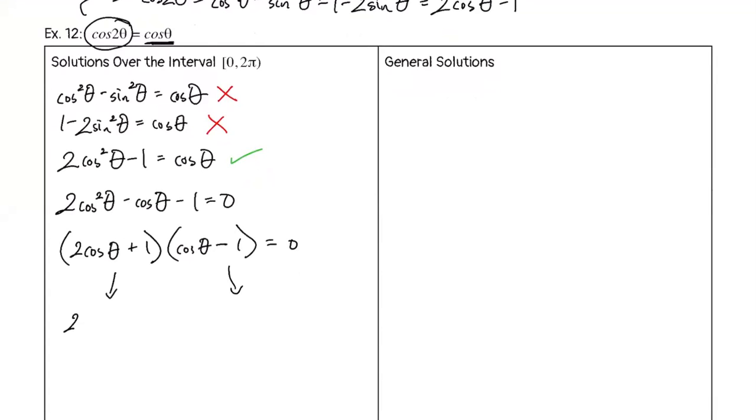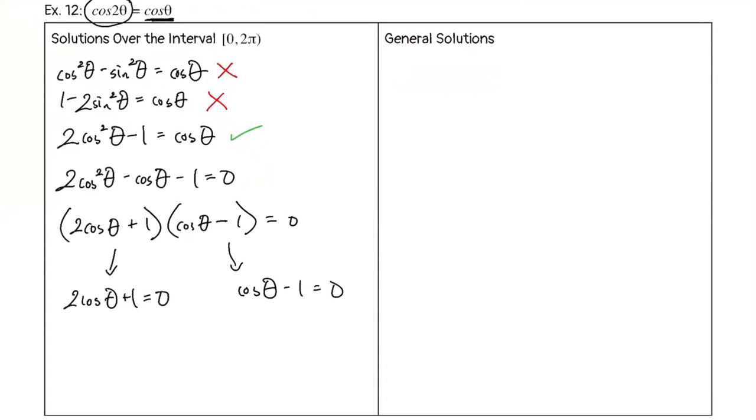So 2 cosine theta plus 1 equals 0, and cosine theta minus 1 equals 0. Cosine theta equals negative 1/2, or cosine theta equals 1. We think about what makes those true: 2 pi over 3, 4 pi over 3, and also 0.